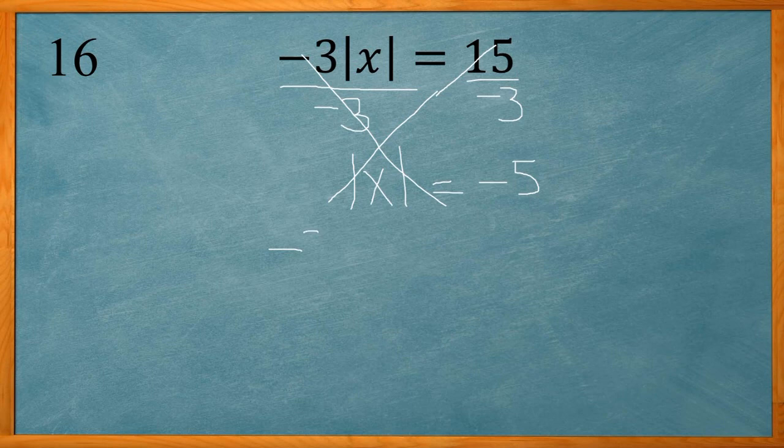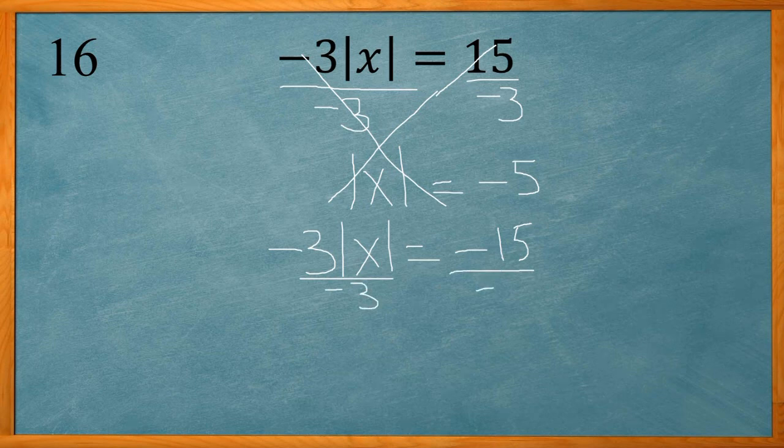Now if the problem was -15 here, and I divide that by -3, that gives me the absolute value of x equals 5. And then we could say that x equals 5 and x equals -5. So two answers, 5 and -5.